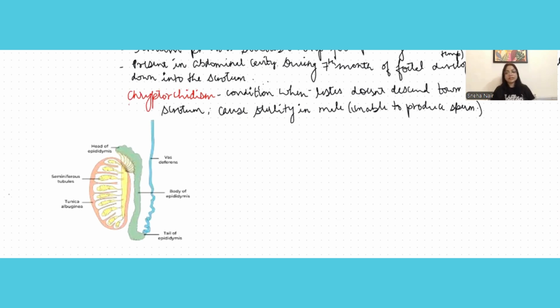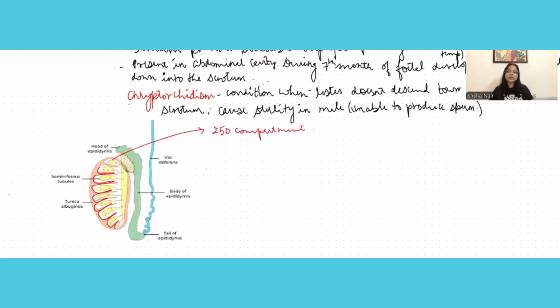It is projected inwards, and it divides the testes into a number of compartments. There are about 250 compartments which are formed due to this inward movement of the tunica albuginea.